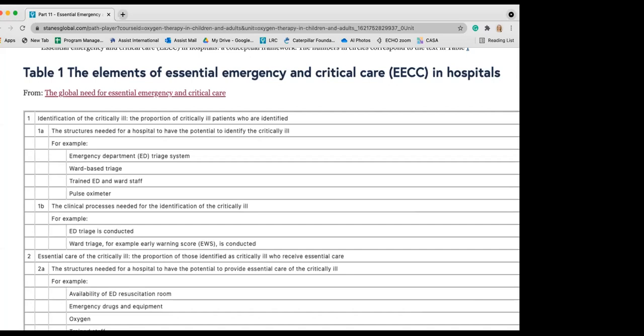And as you said before, we need a triage system. Ward-based triage, this second one, is important because most of our hospitals have triage at the emergency, but we need those systems at the ward as well. And we need to train people at the emergency department, but also in the ward, in emergency care. And that's part of what we are doing.